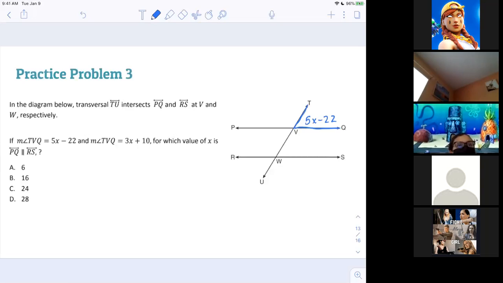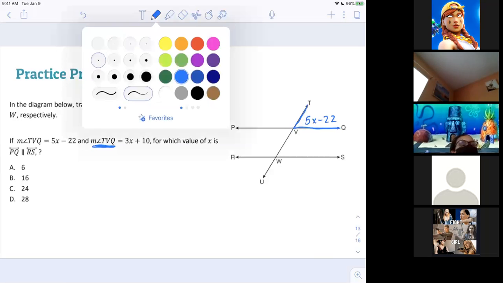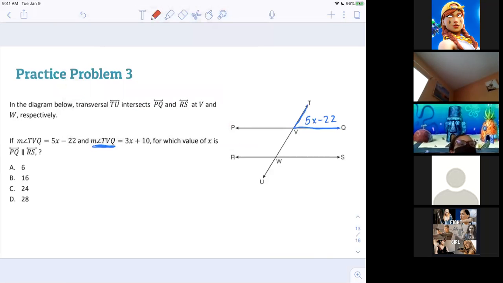I think they messed this up. Okay, this is not my question. I copied it from somewhere else and they made a typo, but I'm going to say that this is not TVQ, but RWU.